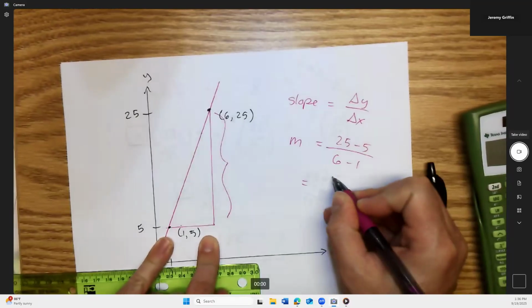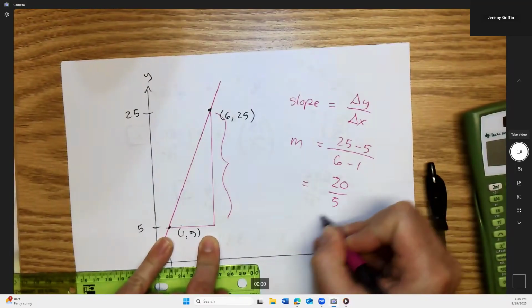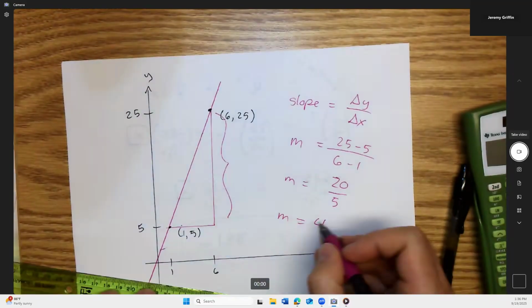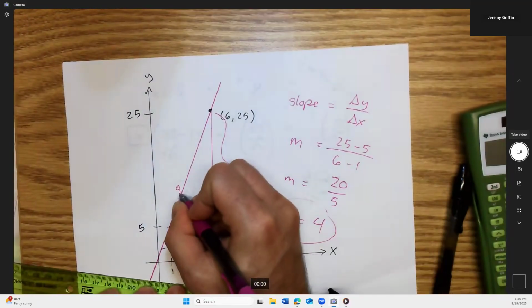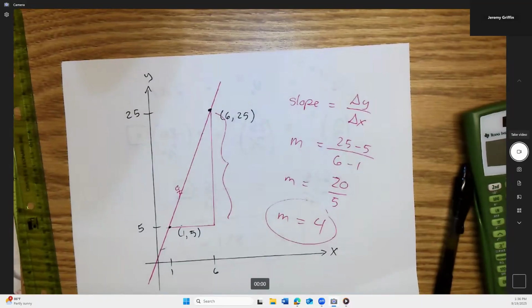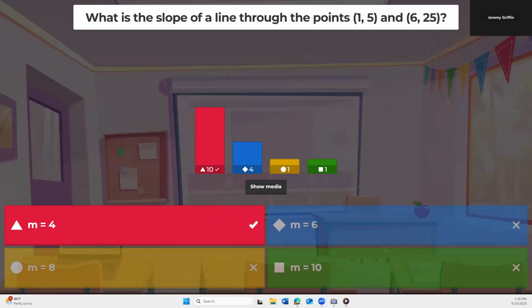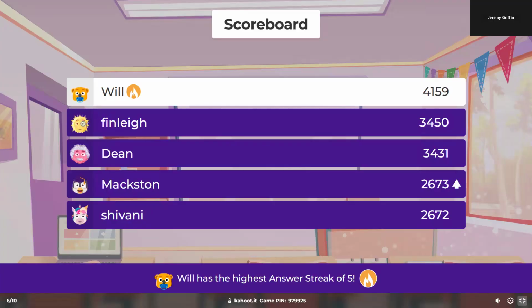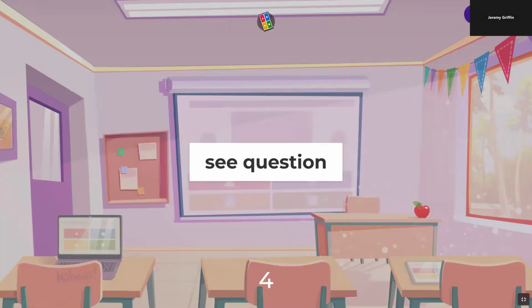So that's 20 over 5, which is 4. So the slope is equal to 4. If my stick figure is walking left to right, every step he walks to the right, he walks up 4 steps. So rise over run, up 4 over 1. There you go. Slope. I got Shivani, Maxton, Dean, Finley, Will on fire.